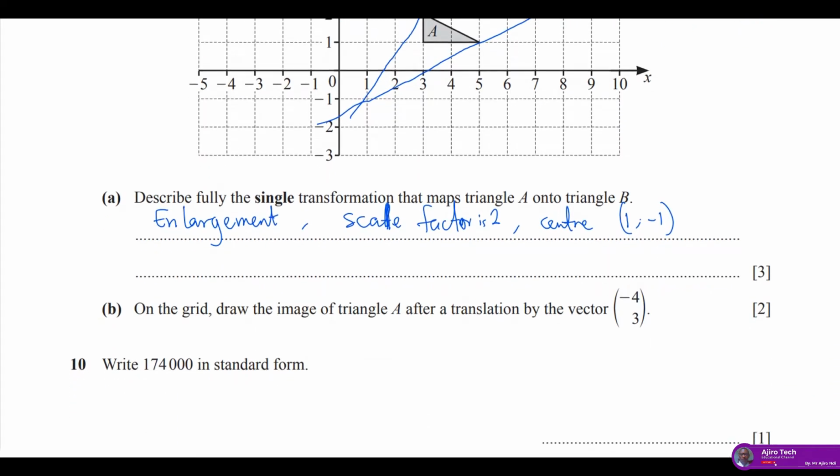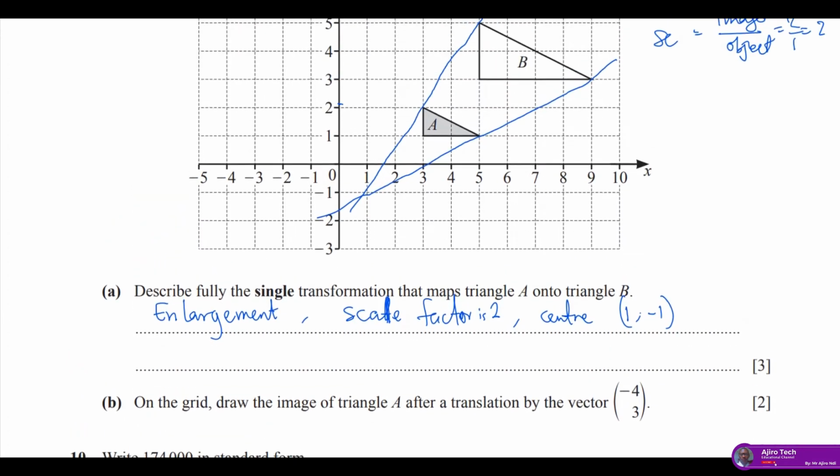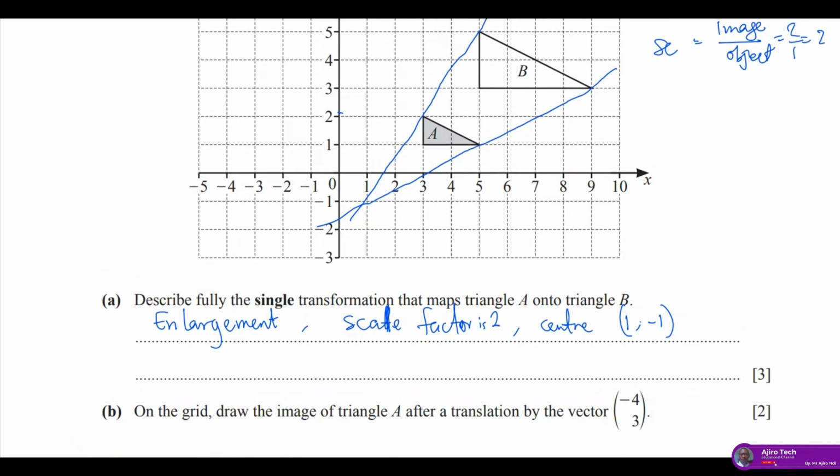Now, on a grid, draw the image of triangle A after a translation by the vector (-4, 3). This means it will just move, shifting position. -4 for x means it's going to the left, so from this point, go 1, 2, 3, 4.